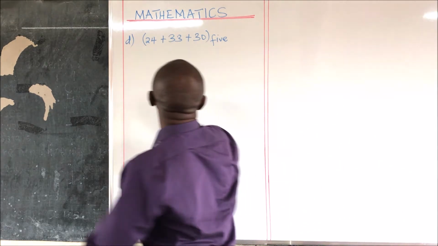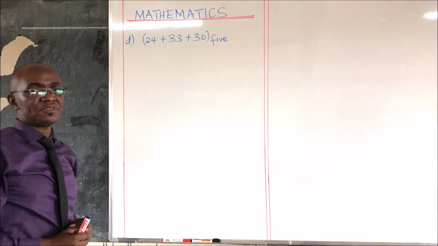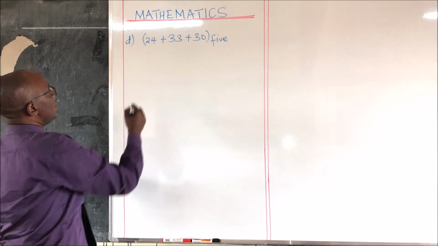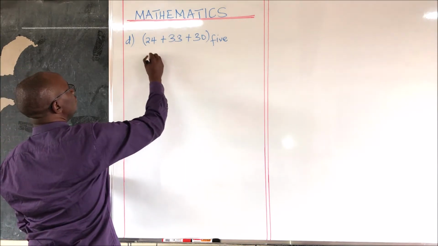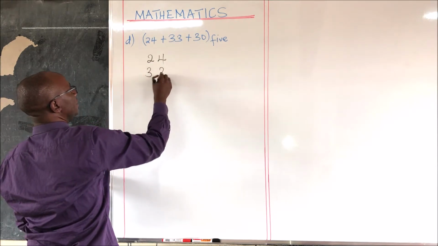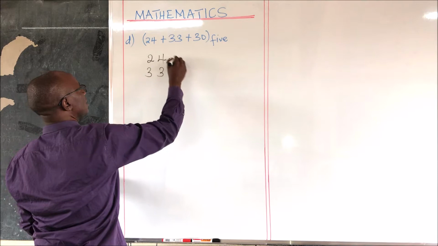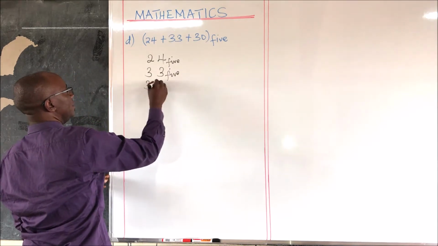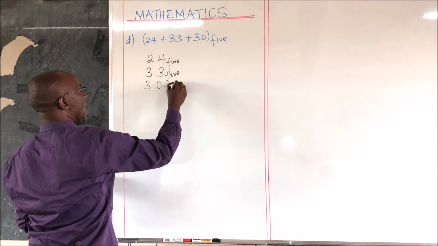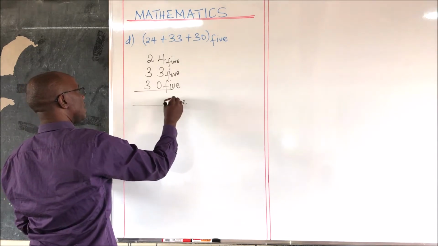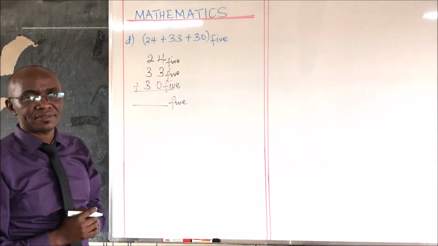Now this implies that this question is in base 5. So now we are going to arrange vertically. So that is going to be 24 plus 33, but remember all this is in base 5, plus 30, and we are adding in base 5. So this addition is in base 5.